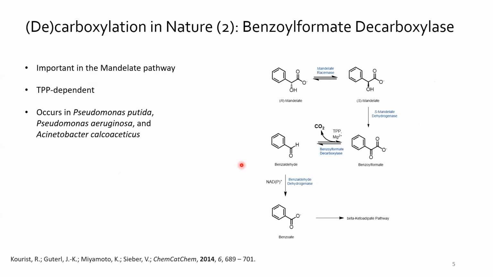Another example I would like to show you is benzoylformate decarboxylase, which occurs in the mandelate pathway. And as you can see, once mandelate is racemized, it's oxidized towards benzoylformate, which is then decarboxylated by this benzoylformate decarboxylase, which is again TPP dependent, to yield benzaldehyde, which is then oxidized towards benzoate, which can then be used as a sole carbon source for the beta-ketoadipate pathway and also for the TCA cycle.